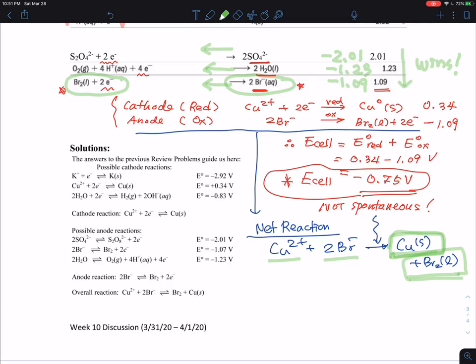That's what we call copper electroplating. And you can make things on cathode surfaces shiny, just like copper.